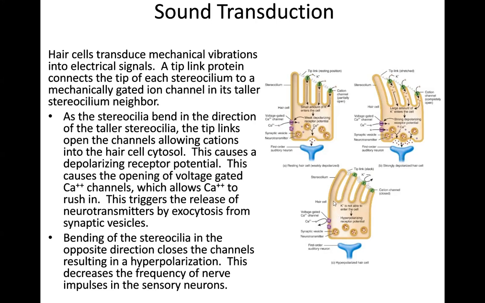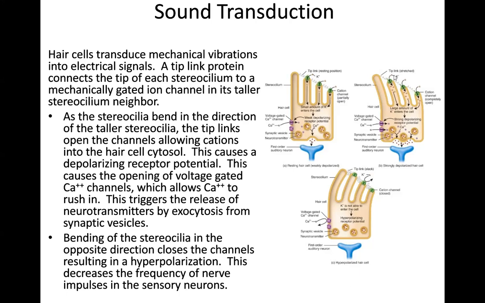But if the stereocilia bend in the other direction, those tip link proteins basically close off those ion channels, and therefore no neurotransmitters are going to be released. And so we would say this is a hyperpolarization, and that decreases the frequency of nerve impulses. So this neuron is less likely to fire action potentials to be propagated into the brain.